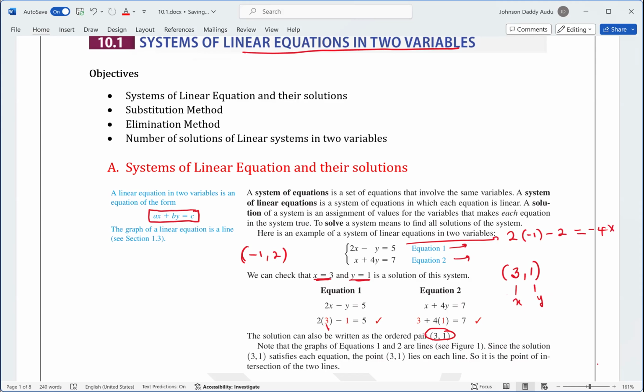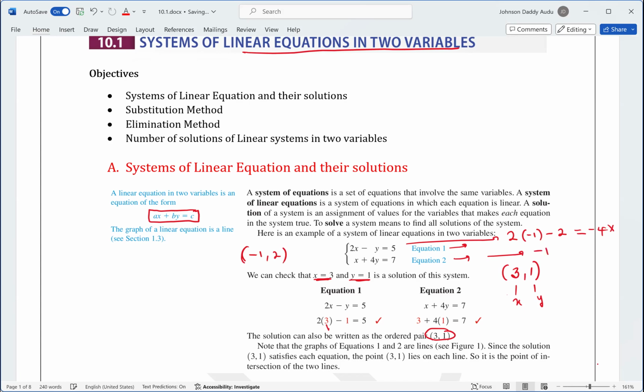But if you substitute it into the second equation, what do we get? The second equation is just x plus 4y.